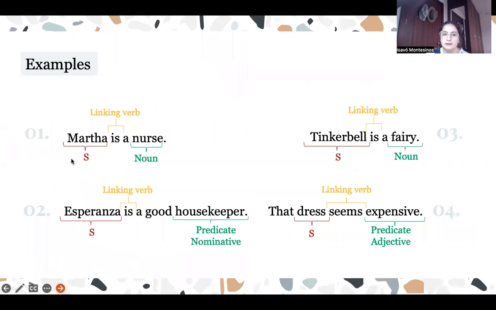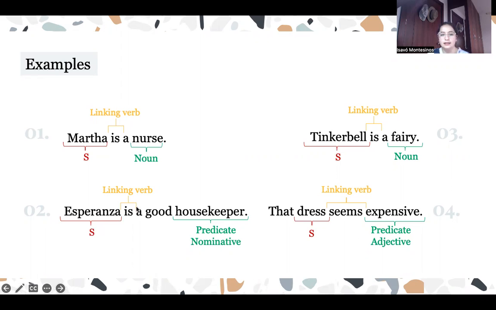with examples. Here we have four sentences. The first one is: Marta is a nurse. Marta is the subject, is is the linking verb, and nurse is the noun. The second one: Esperanza is a good housekeeper.